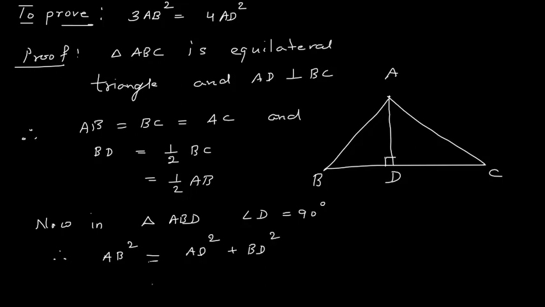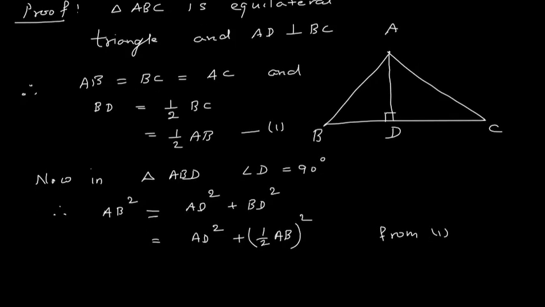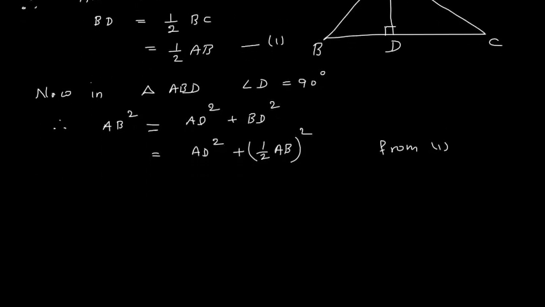Now this BD square I will write as 1 upon 2 AB the whole square. This is equation 1, and I will say that from 1, I have AB square is equal to AD square plus 1 upon 4 AB square.